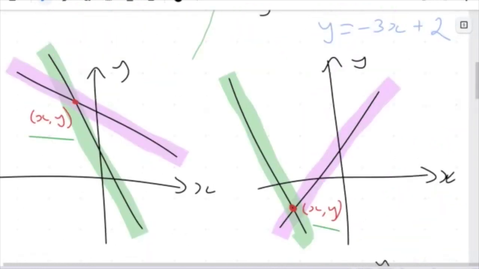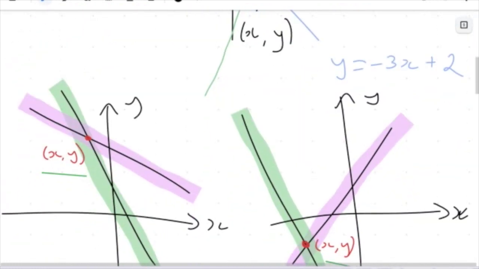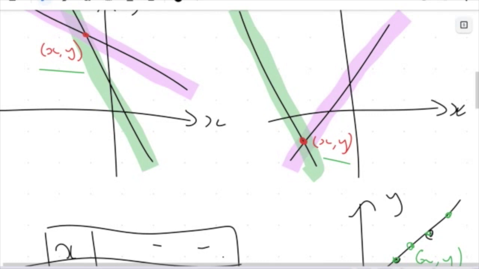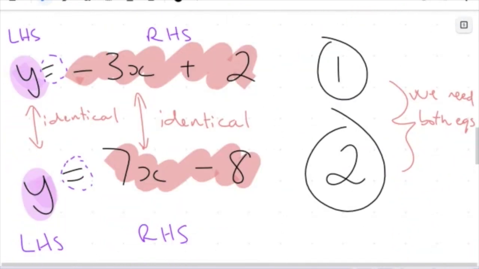And now, since x equals 1 is a value on both of these lines, then if we substitute that back into each of my equations, I'm going to get a value of y.